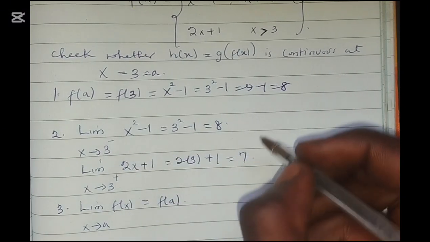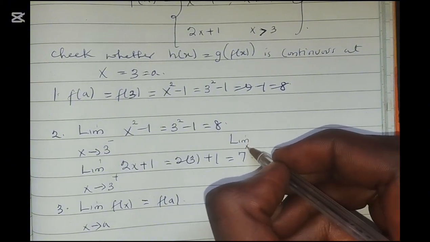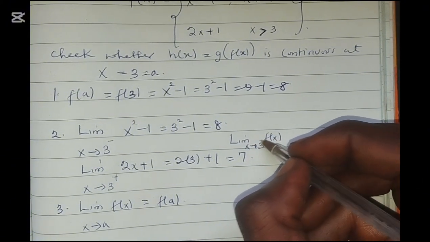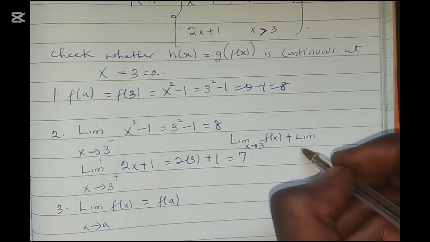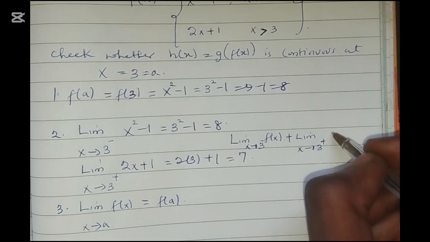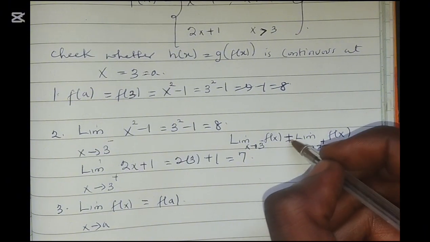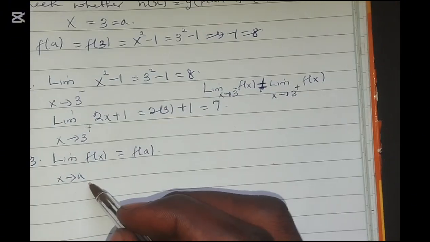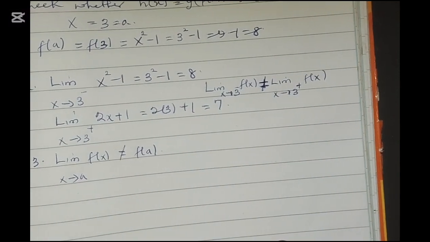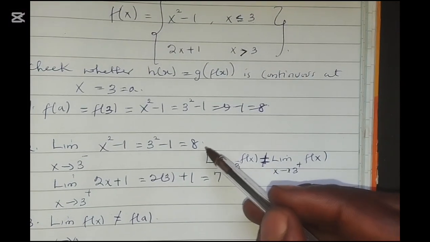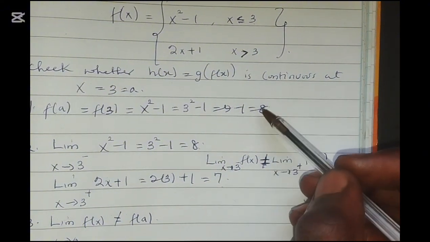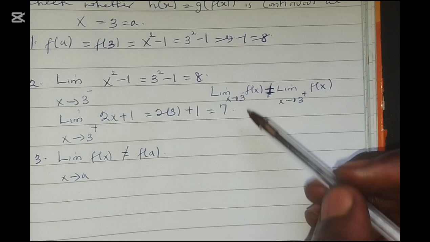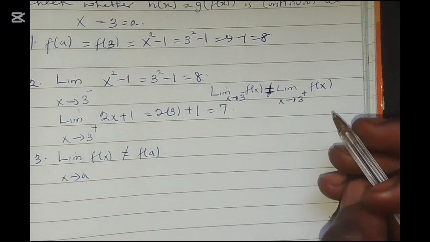So we can see here that the limit as x approaches 3 of f of x from the left does not equal the limit as x approaches 3 from the right of f of x. So we can say that this also fails. It fails because here we have 8 and 7, and here we have 8. These numbers do not match, which means that f of x is discontinuous at x equals 3.